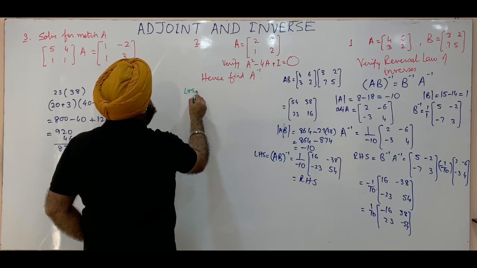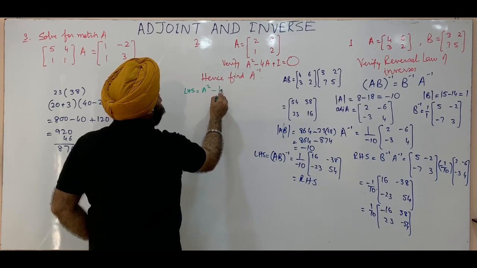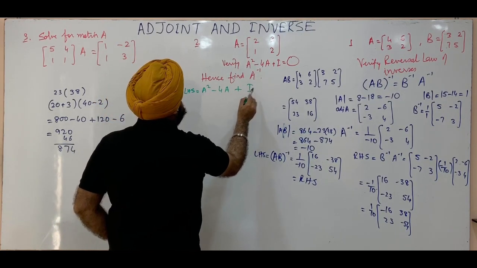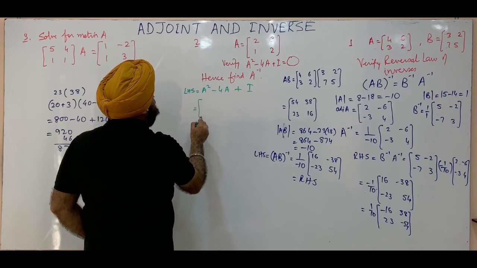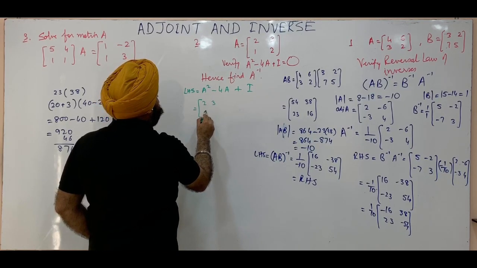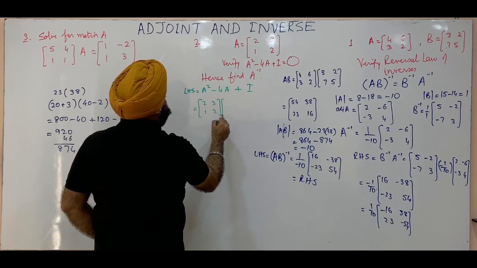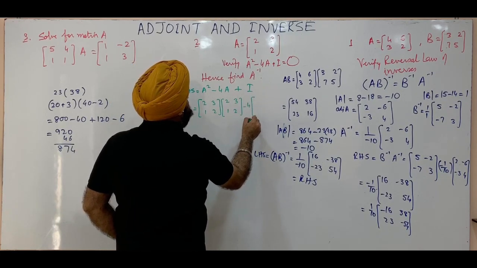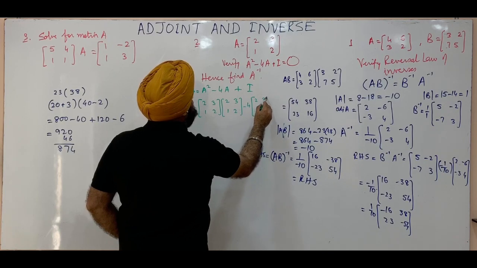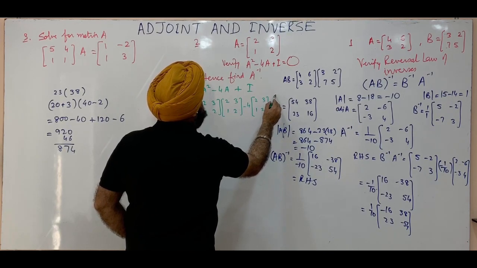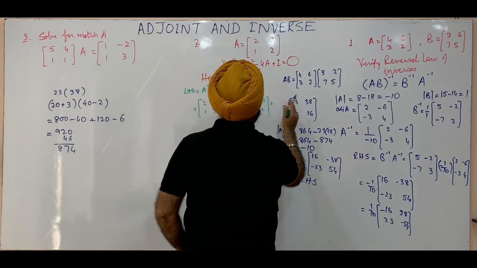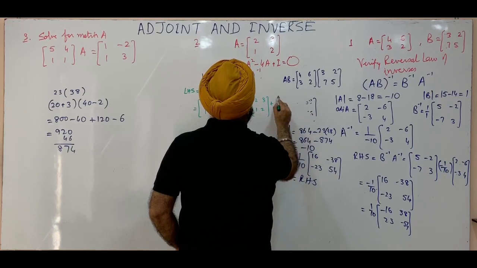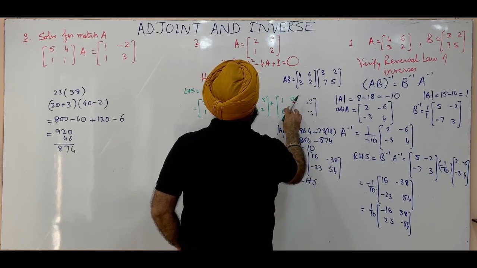Or let's write left hand side, it's A square minus 4A plus I. This is A into A. This is 2, 3, 1 and 2. Minus 4 into A. 2, 3, 1 and 2. And plus I. I is here 1, 0, 0 and this is 1.